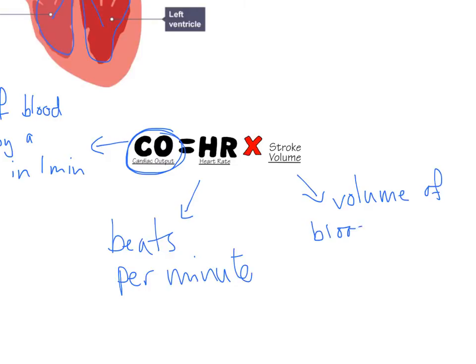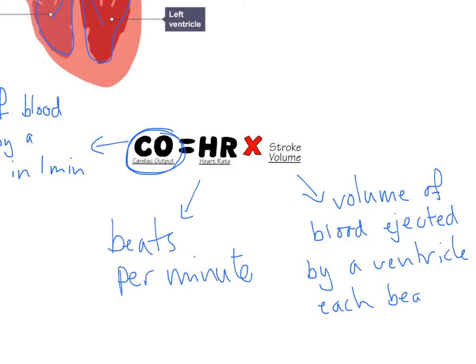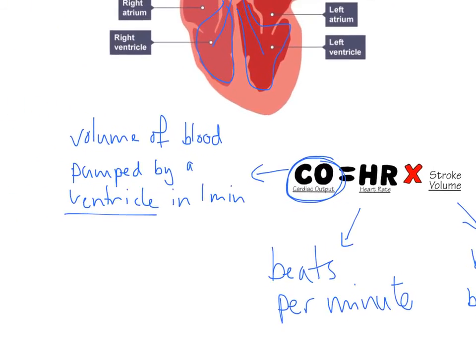of blood ejected by a ventricle each beat of the heart. And so if we know the volume of blood that's being pumped out each time the heart beats, and we know how many times it's going to beat in a minute, we can add up all of these individual beats, multiply them together, and what we'll get is your cardiac output.